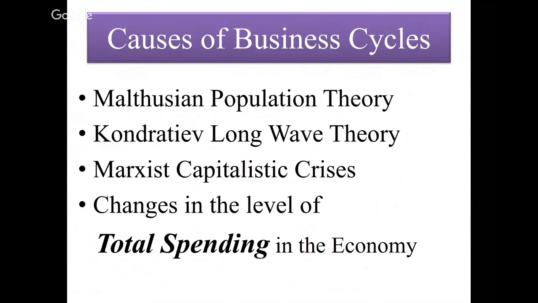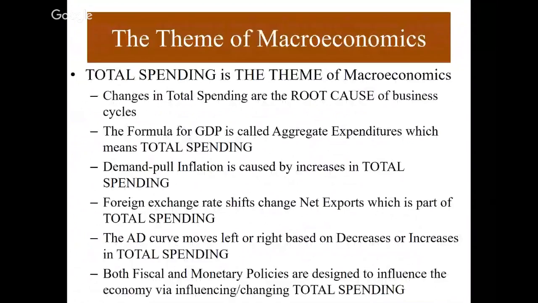Now, how do we predict changes in the business cycle? Predict changes in total spending. I've already mentioned that total spending is the theme of macroeconomics. It's a root cause of business cycles. Our formula for GDP, which we're going to learn about in the next video, is called aggregate expenditures, meaning total spending. Demand-pull inflation is increases in price levels caused by increases in total spending.